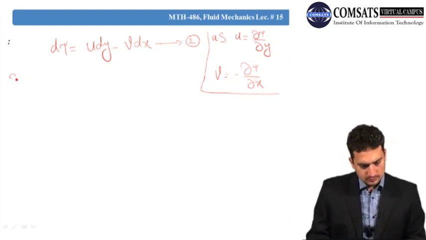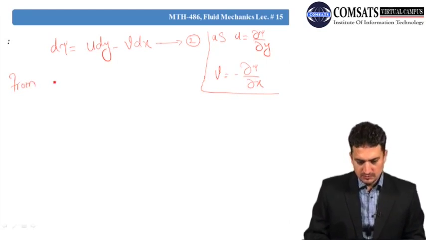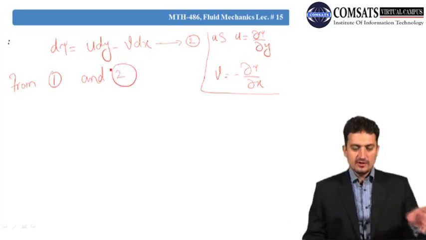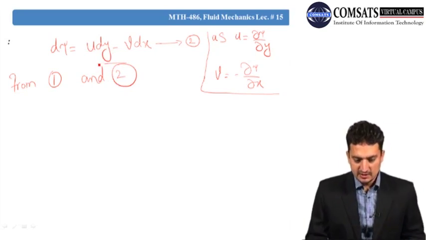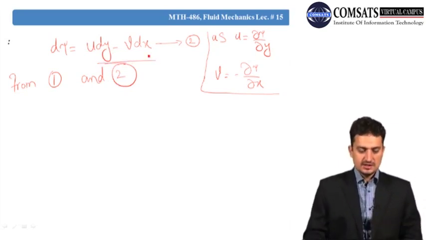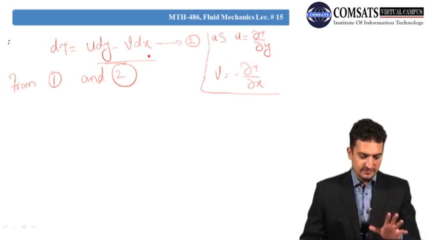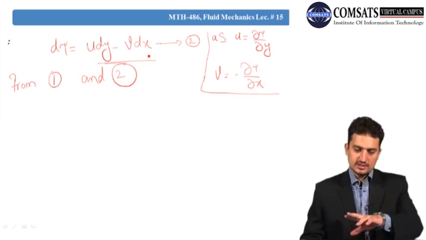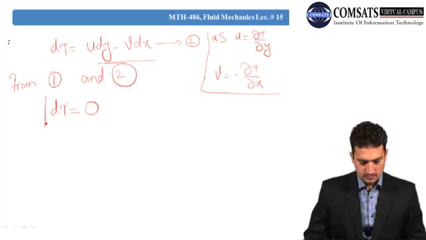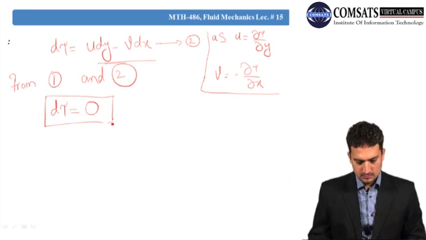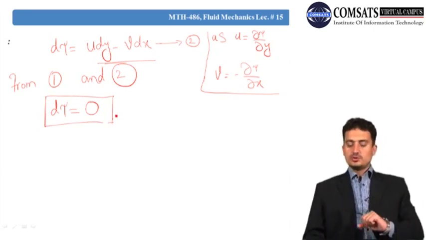Now from 1 and 2, if you look at 1, this thing is equal to 0. The right hand side of equation 2 is the same as the left hand side of equation 1, and this is equal to 0. So from 1 and 2 we can say that d psi is equal to 0.